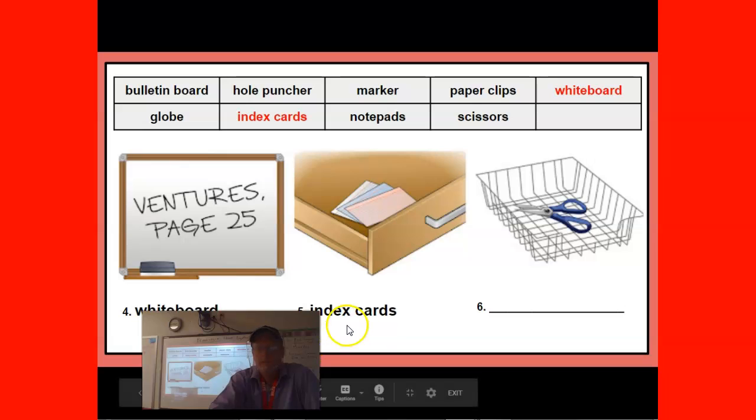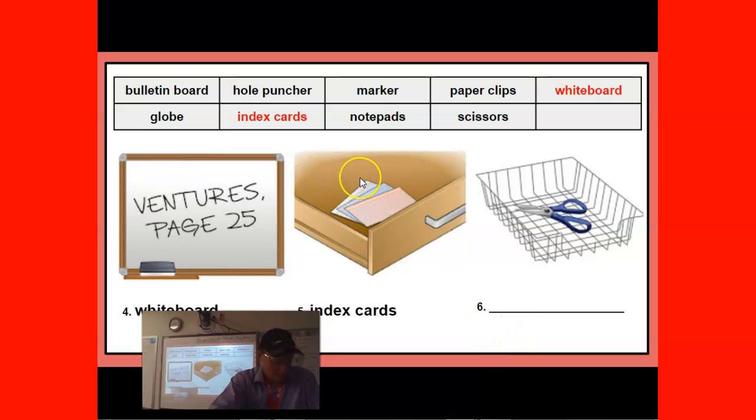Yeah, index cards. Oh, they're right here. They're actually about this size, but they're white and they're just small. Okay? You know what these are?